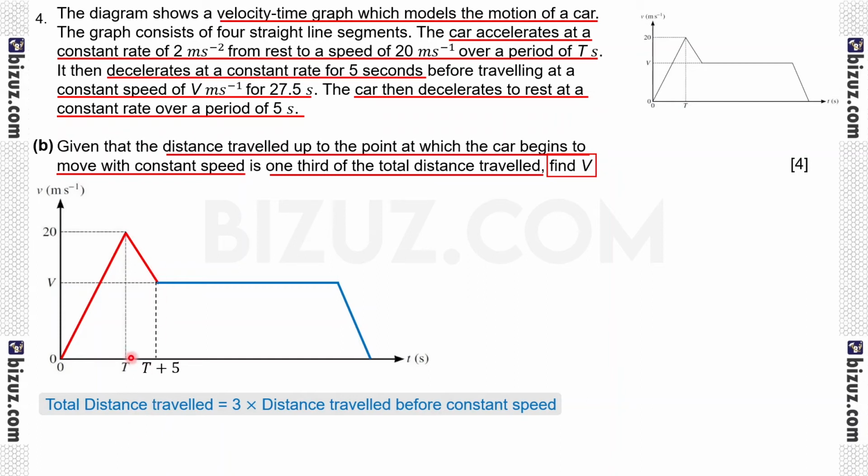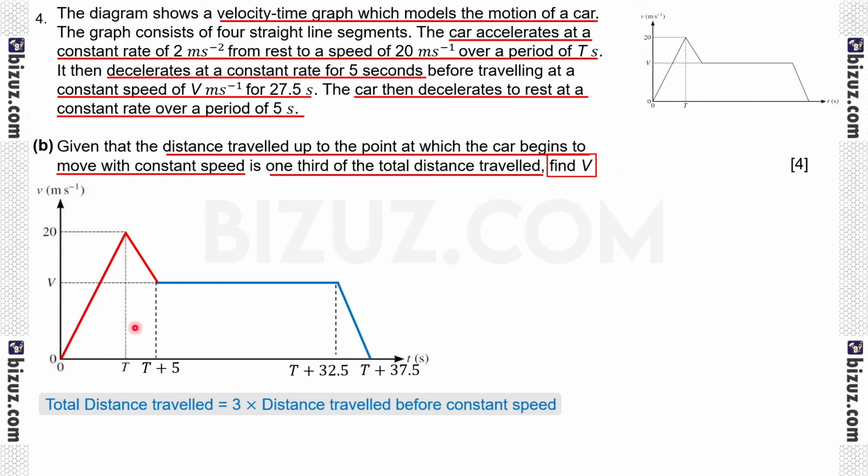Now this portion is 5 seconds, so this is t plus 5 seconds, and this time here is 27.5 seconds. So this is marked as t plus 32.5 seconds, and this part is 5 seconds, so this is marked as t plus 37.5 seconds. Now to find the total distance traveled, we can break this diagram into different parts.